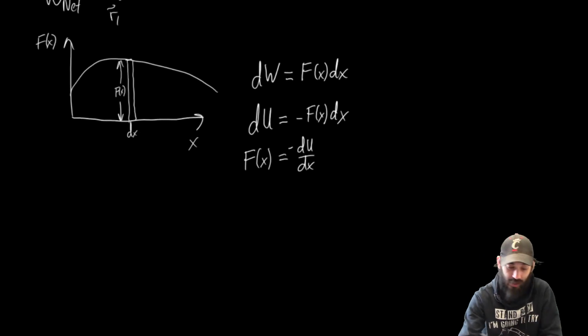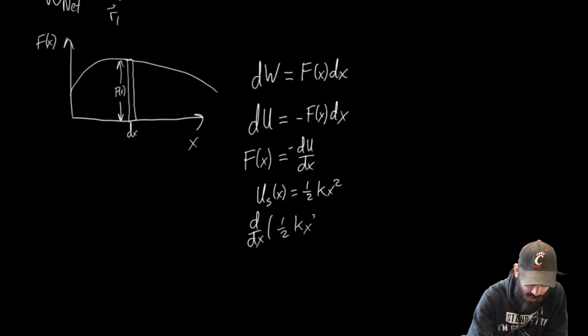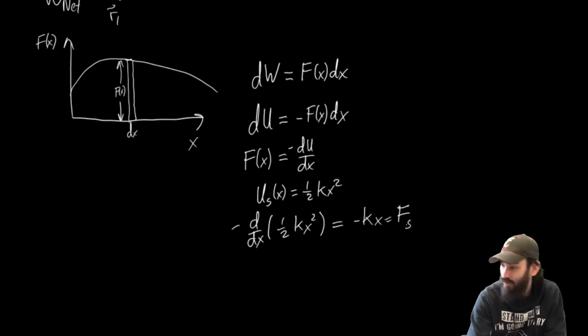One way we can see how this works is to consider the potential energy of a spring. U of spring as a function of x is equal to 1/2 kx squared. If we do negative d by dx of 1/2 kx squared, this ends up giving us minus kx, which is what we know is the force of a spring from Hooke's law.